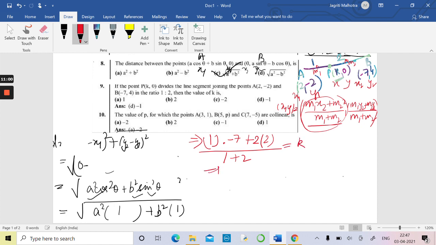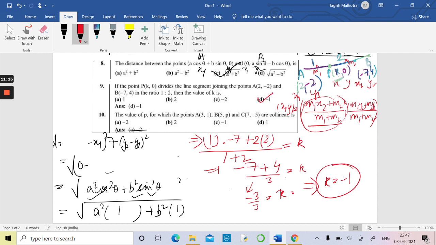This means minus 7 plus 4 upon 3 equals k. This is minus 3 upon 3, which equals k. This means that k is equal to minus 1. This is the correct option.